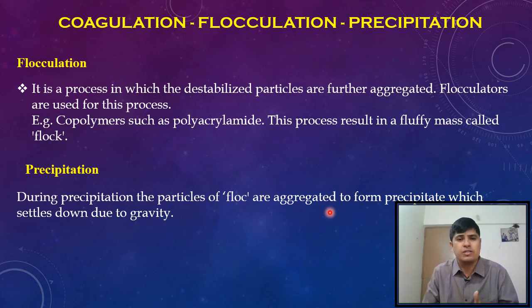We have seen it in detail: first the steps involved in effluent treatment strategy, then the primary remediation process, secondary remediation process, and tertiary remediation process. Thank you very much. Wish you all the best.